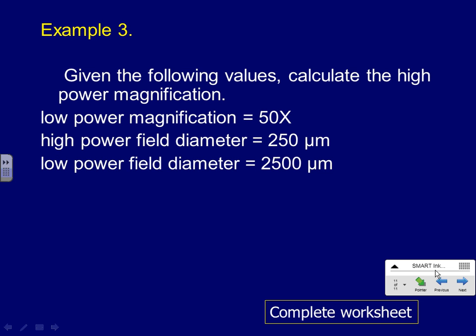So notice, what are we trying to find? Which variable am I trying to find in this problem out of our equation? Yep. High power magnification. Now, in the original equation that we had, DH over DL, right?